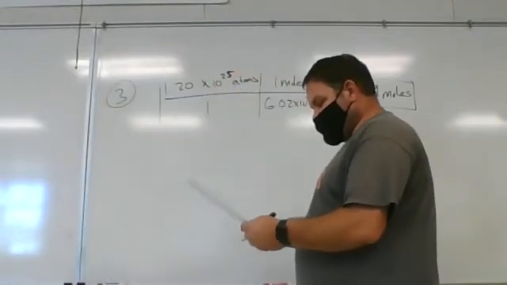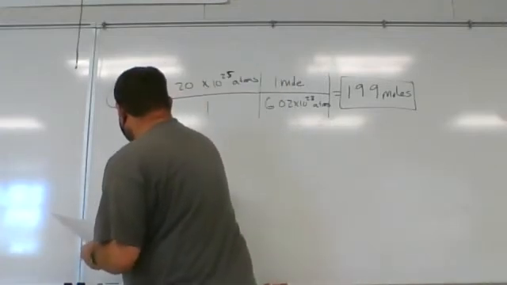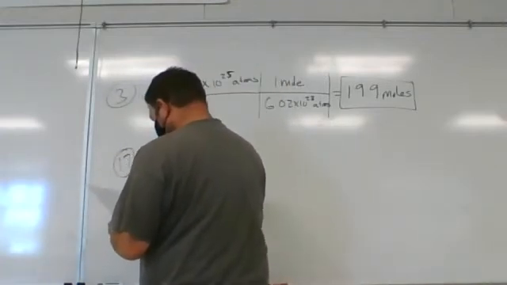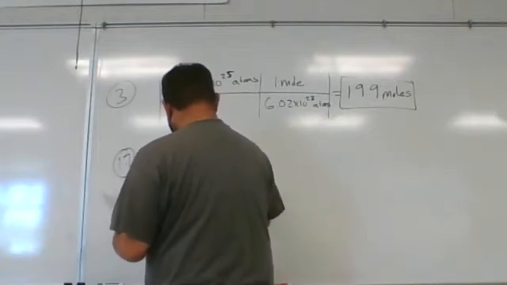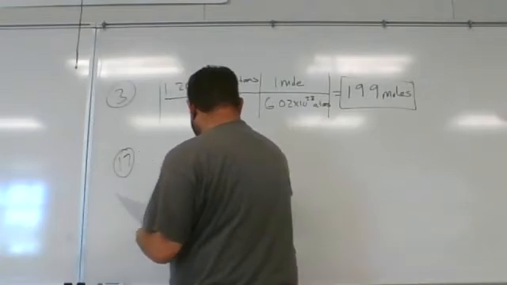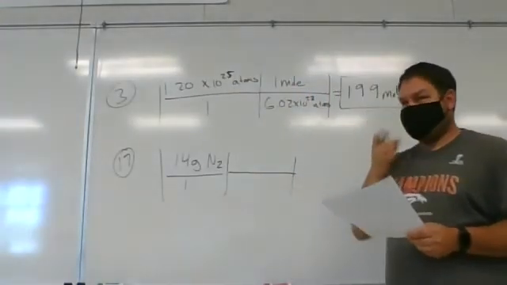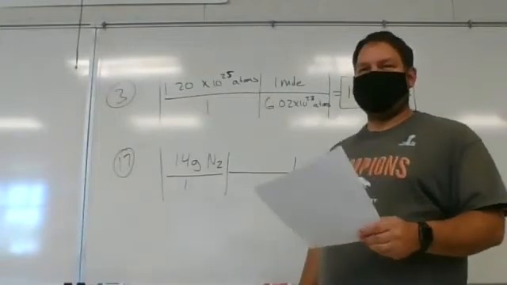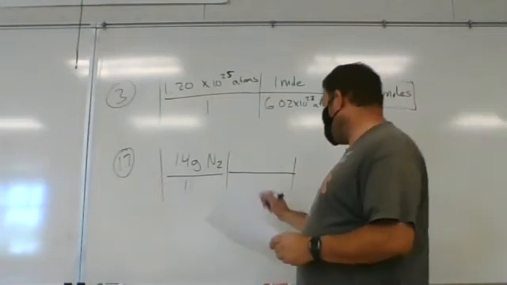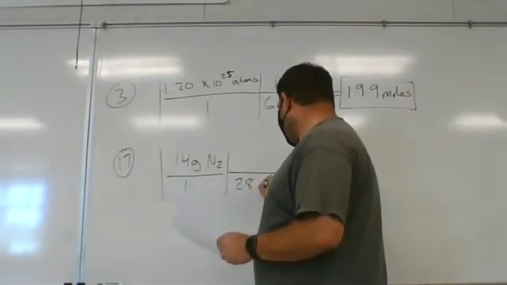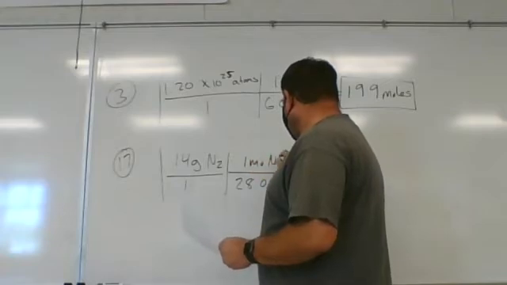So 17, let's do this anyway. We got 14 grams of N2 over 1. That means you have to double the molar mass. The molar mass of nitrogen is 14.01, so that would be 28.02 grams to 1 mole of nitrogen.